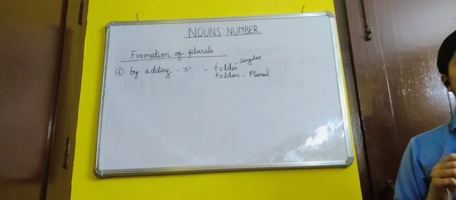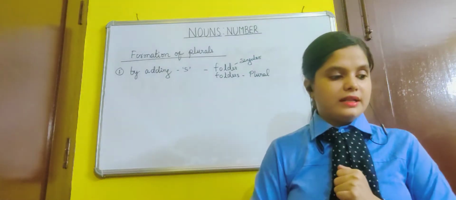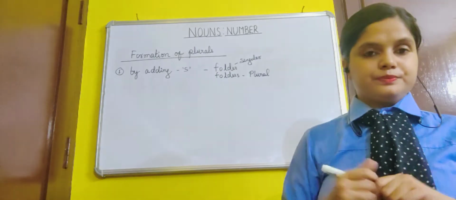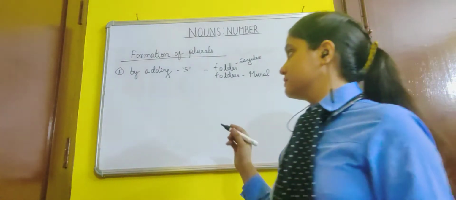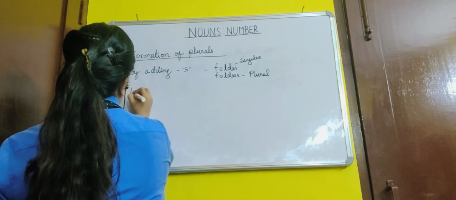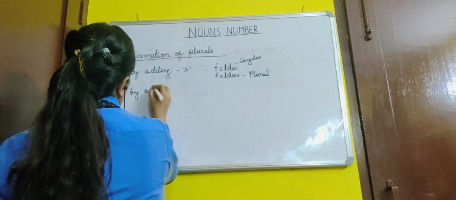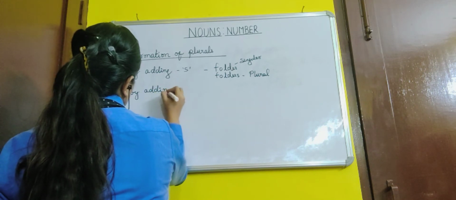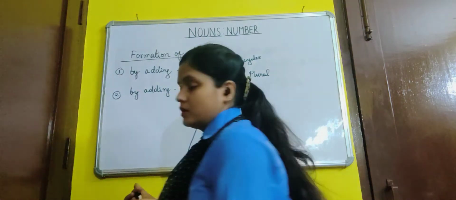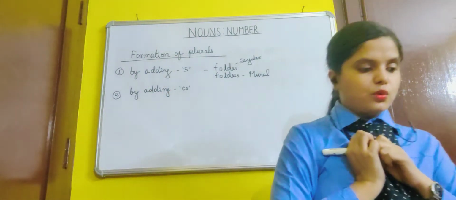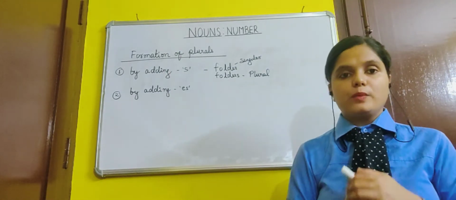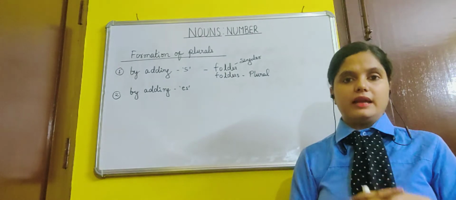Now see the next rule, that is by adding es. In a few words we can't add s, so we add es to make the plural number of that noun.